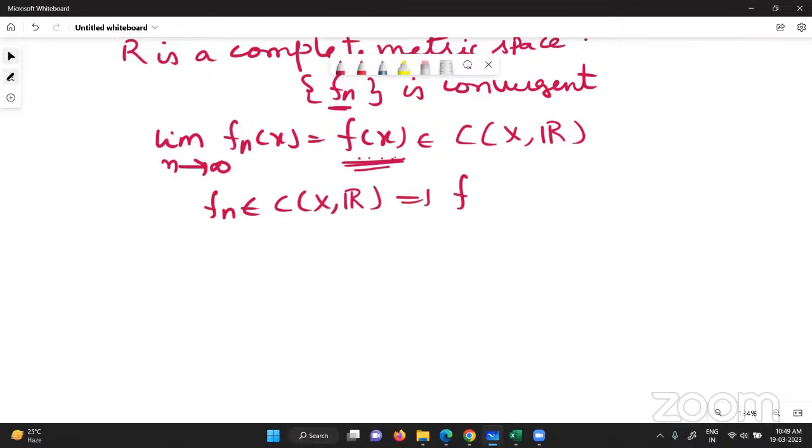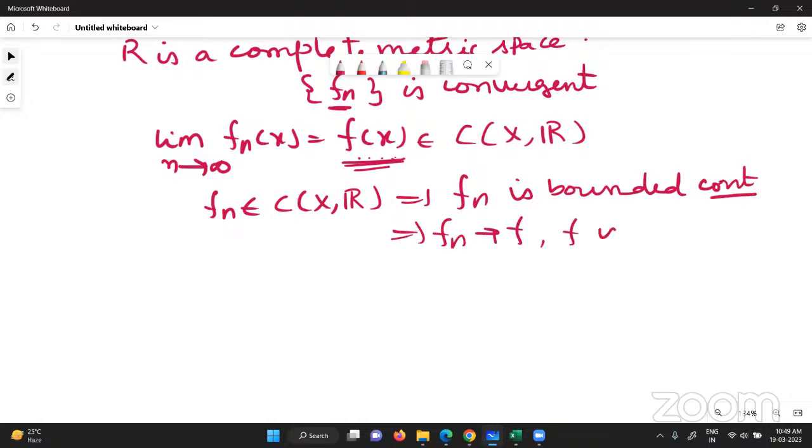Fn is bounded and continuous, and since Fn converges to F, F is also continuous and bounded. So you can say F belongs to C(X,R).